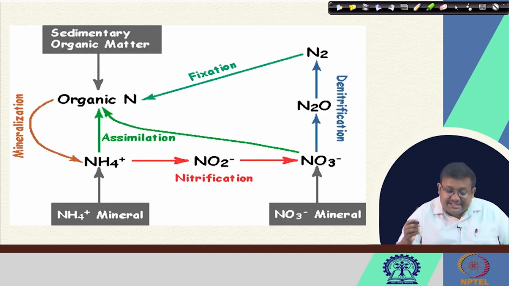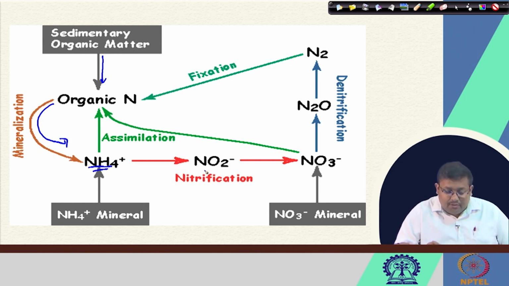So, here we can see an overview of these different processes. You can see there is sedimentary organic matter, which ultimately goes to enrich this organic nitrogen. From organic nitrogen, the mineralization process results in this ammonium ion.